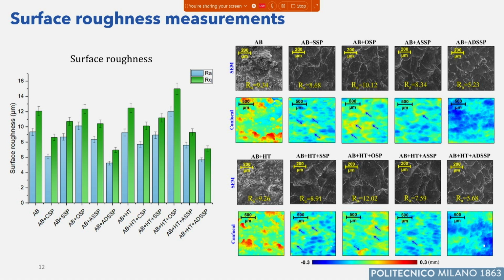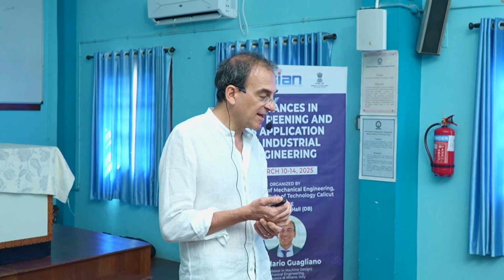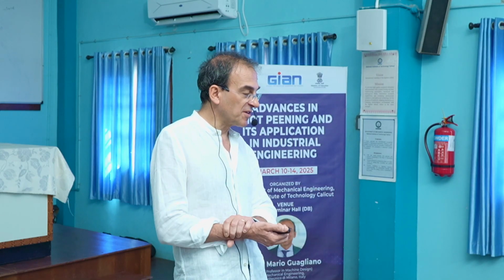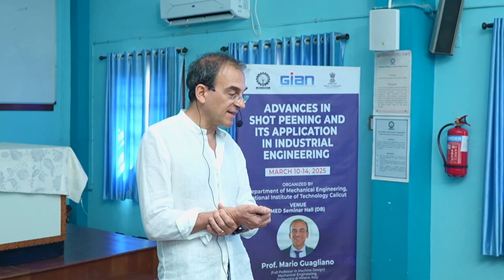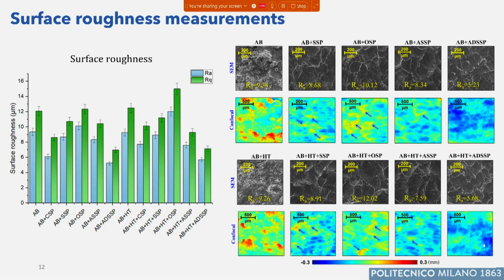In this case, we are not improving at all with respect to the as-built condition. It's interesting to notice that by means of ASSP and ADSSP, we are reducing the roughness. In particular, with ascending-descending, the roughness is even less than the one we obtained with conventional shot peening.